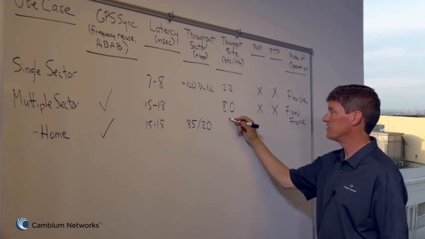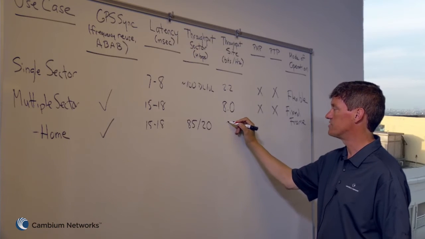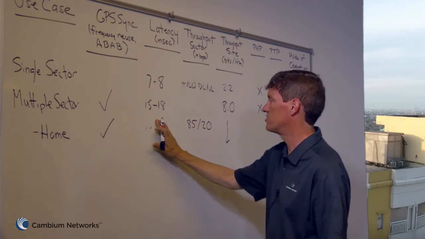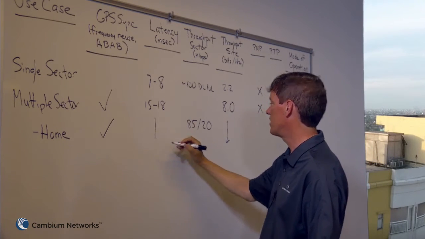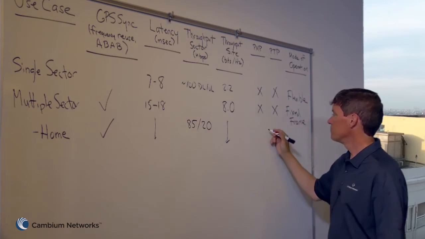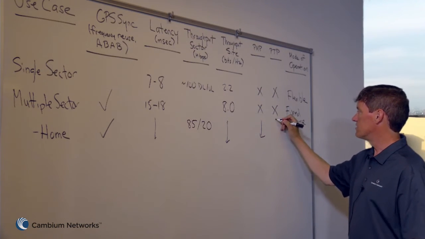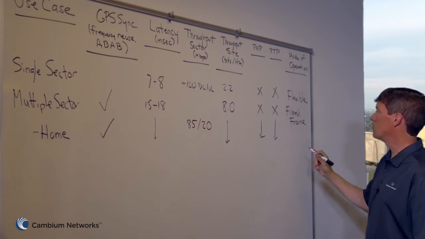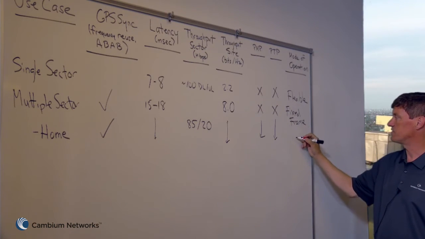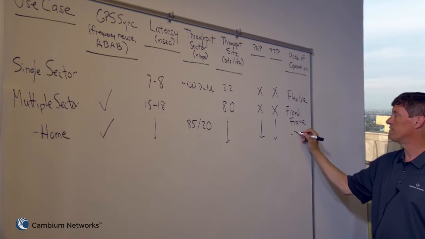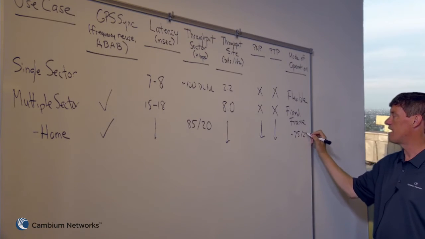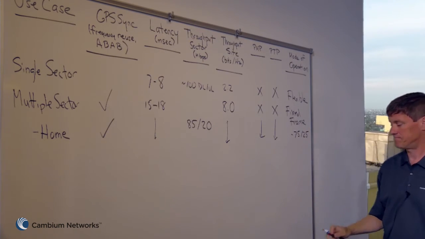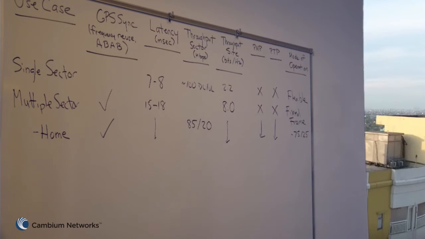Okay, and similar things here is this 8.0 is still coming down here. So maybe I'll just kind of show this for right now. We'll just show the arrow going down. And similar right here. Okay, and so what mode of operation this is fixed frame, but now we have the 75-25 frame size.